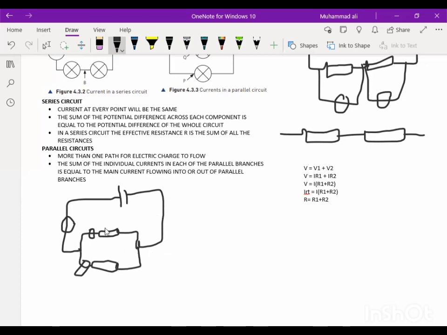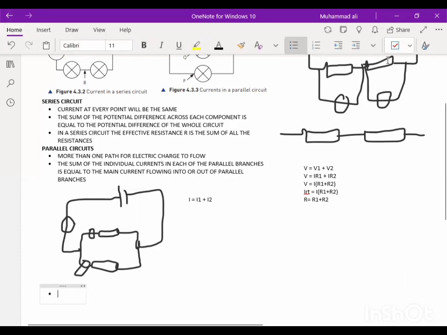So here it's I1, here it's I2, but here it's still I. So the idea is that I equals I1 plus I2. So this was for your current. Now moving on. Potential difference.